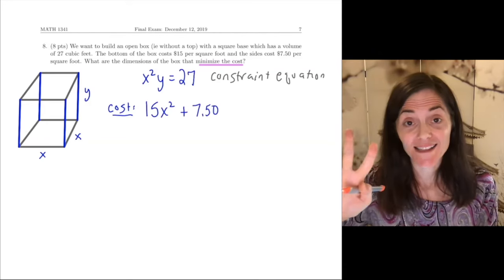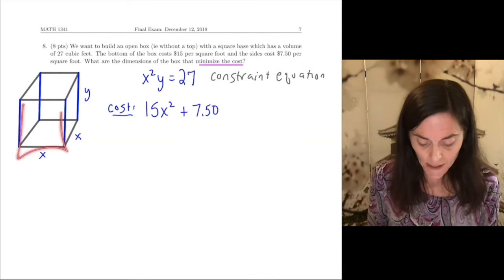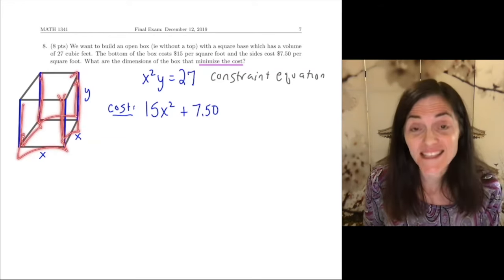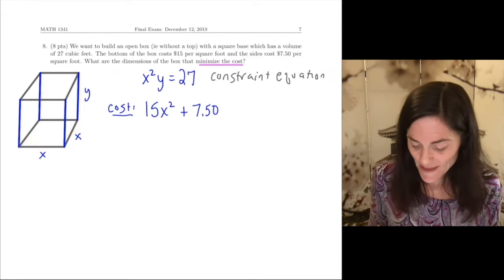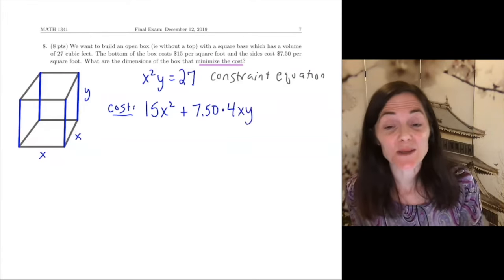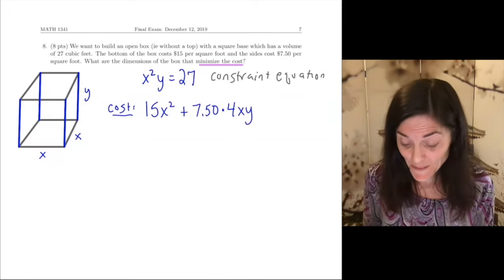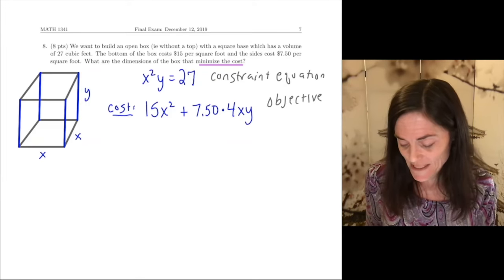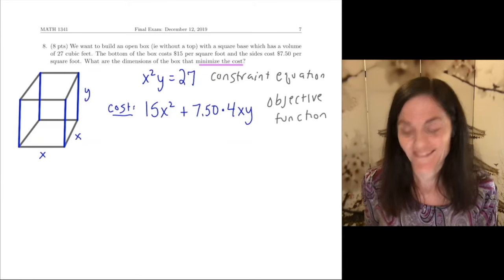We have 4 sides. They are here, x by y, x by y, x by y, and x by y. Altogether, the area of the sides is 4xy. So we would have this times 4xy. This is the cost. You see, this is a function we are told we want to minimize. Therefore, this is the objective function for our optimization problem.